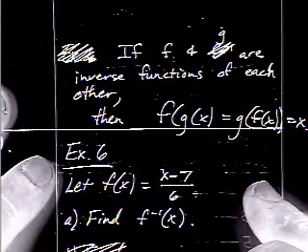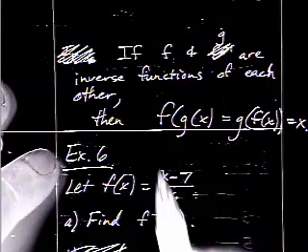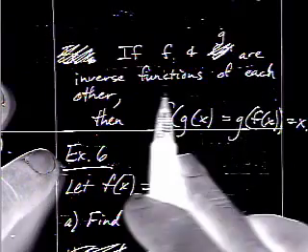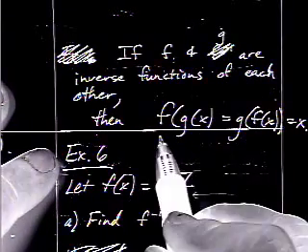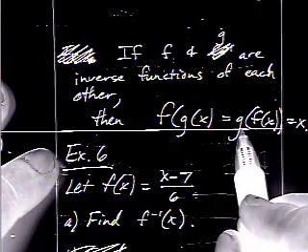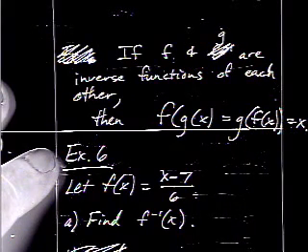Now, the next topic of discussion, it's a property that you need to know. It says if f and g, two different functions, are inverse functions of each other, then a really important property is f of g of x is the same as g of f of x, which is equal to x.